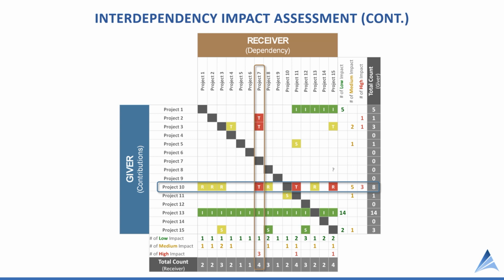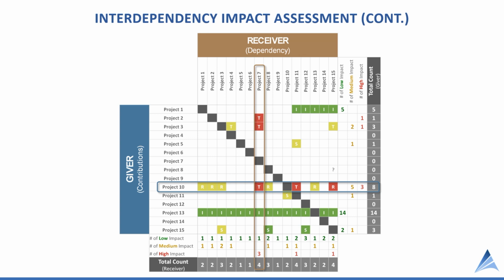Project 13 has 14 low impact dependencies, but project number 10 has a higher number of medium and high impact dependencies. So we want to monitor this, we want to manage this. Actually, if project 10 is of moderate priority, we want to protect that project, because if that project goes sideways and gets off track, it could have a detrimental impact to other projects in the portfolio.